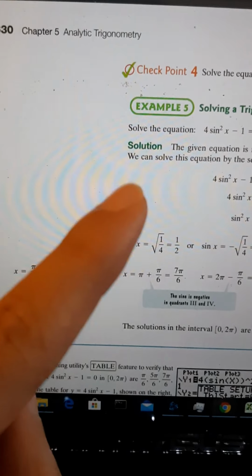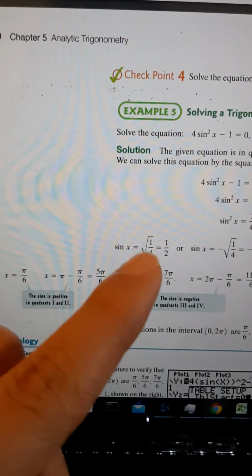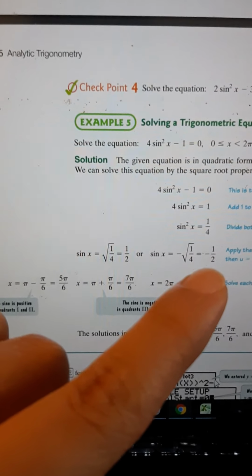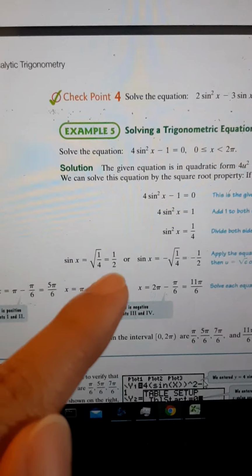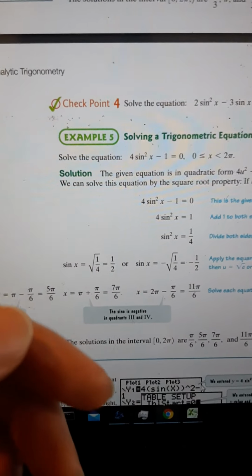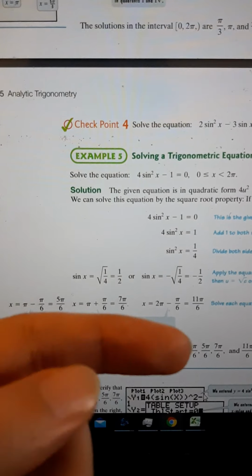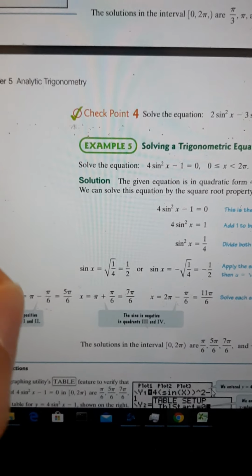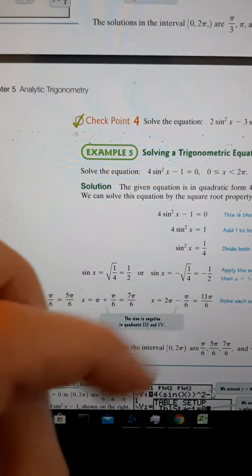But, very important guys, it's not only going to be the positive 1/2, but also the negative 1/2. Remember, whenever we include a square root, we have to take into consideration both the positive solution and the negative solution. Right? So positive 1/2 and negative 1/2. Those are our possible solutions, or at least for the unit circle.